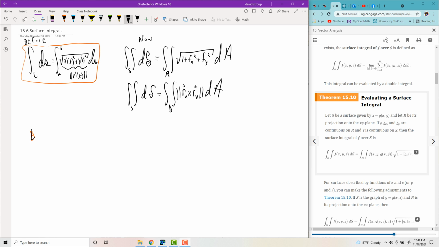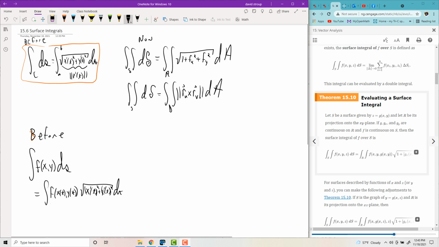before, in section 15.2, was actually integrating some function like f of xy over some curve, right? And to evaluate that, we would have to parameterize: f of x of t comma y of t, times the square root of x prime of t squared plus y prime of t squared dt, from t equals whatever to whatever.